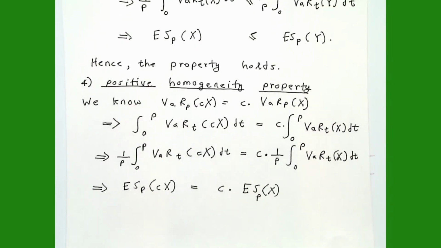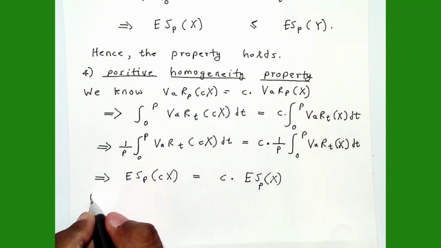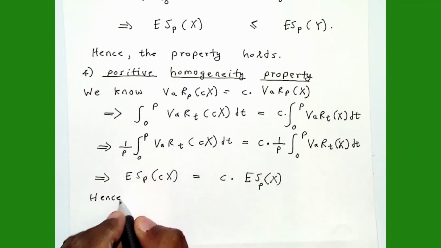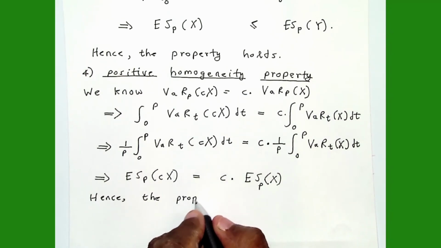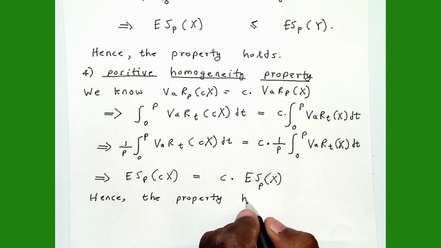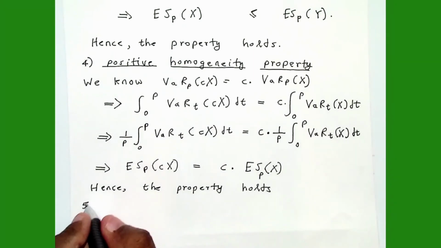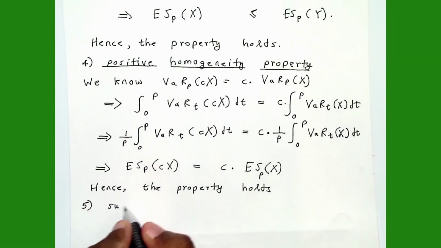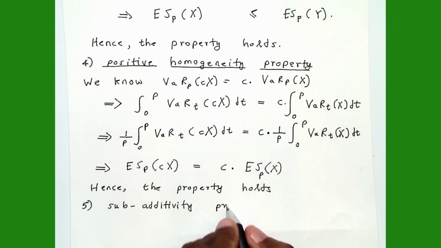So hence we have proved that positive homogeneity property holds for ES. Right, finally number 5 is the sub-additivity property.